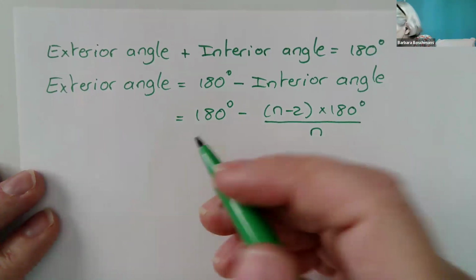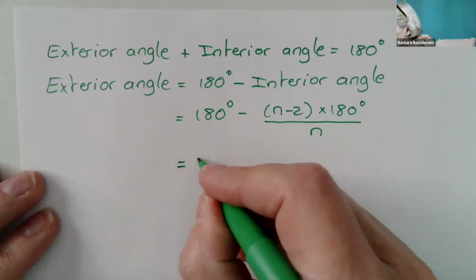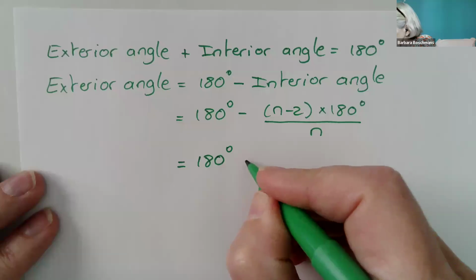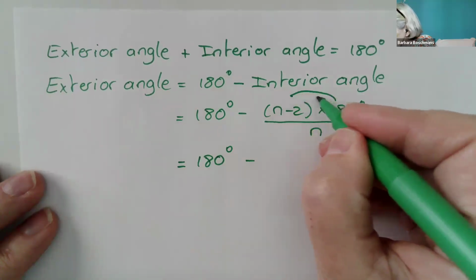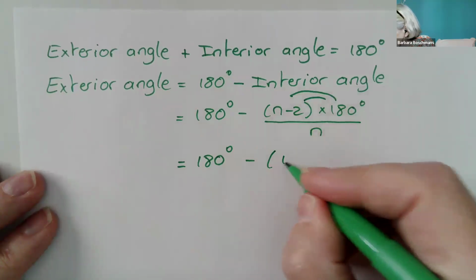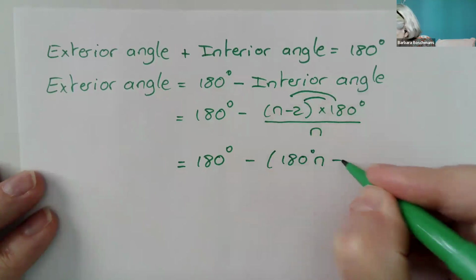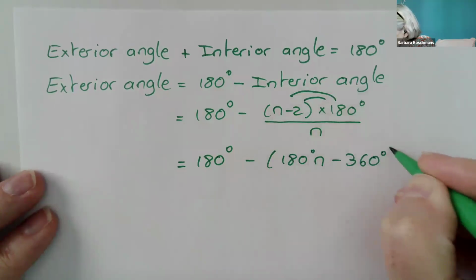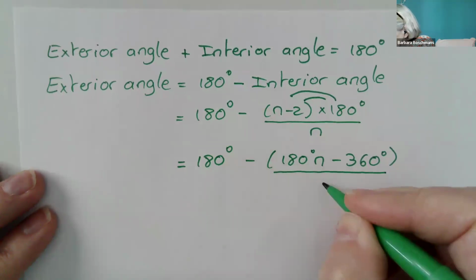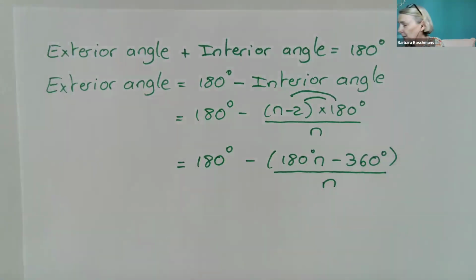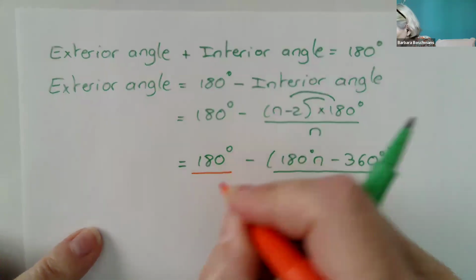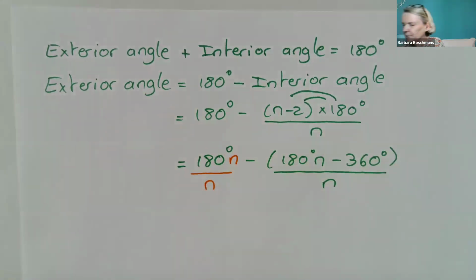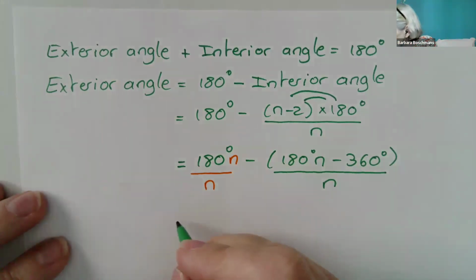Okay, let's simplify this. This is a formula, but we would want to simplify it a bit. Let's distribute the 180 to get 180 n minus 360 all over n. Let's find a common denominator, which would be n. You can multiply 180 by n over n, because that's multiplying it by 1.